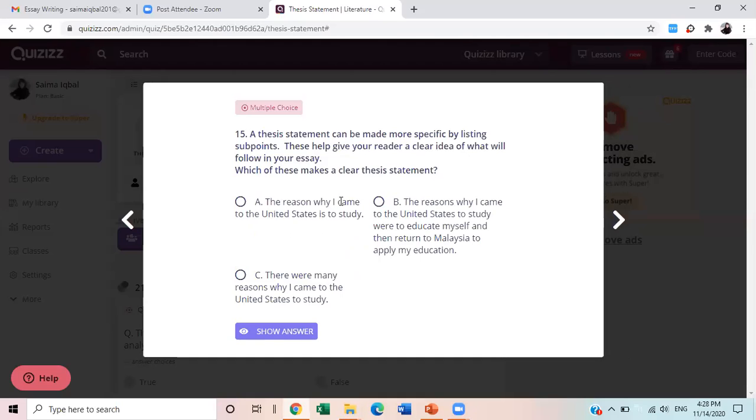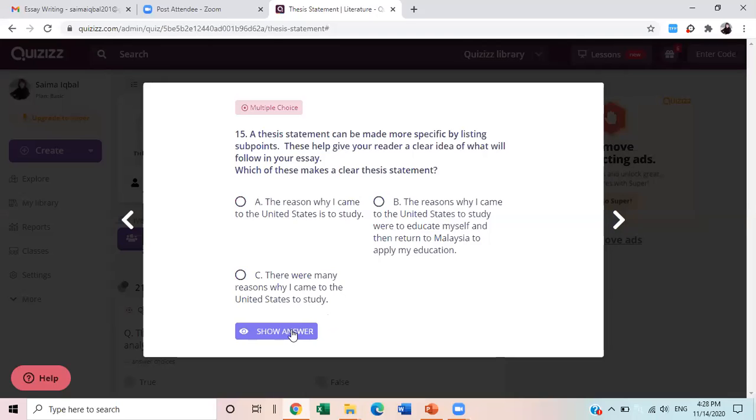The reason why I came to the United States is to study. The reasons why I came to the United States to study were to educate myself and then return to Malaysia to apply my education. There were many reasons why I came to the United States to study. Which one is more specific? B. Excellent, excellent.